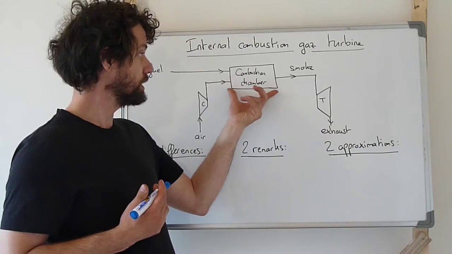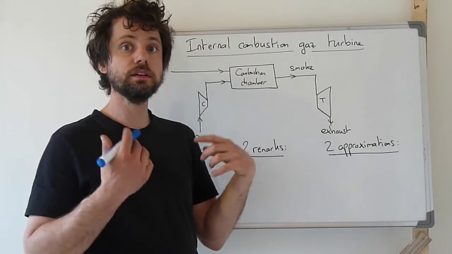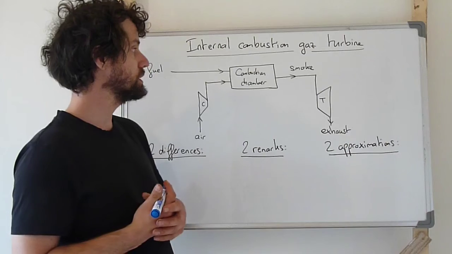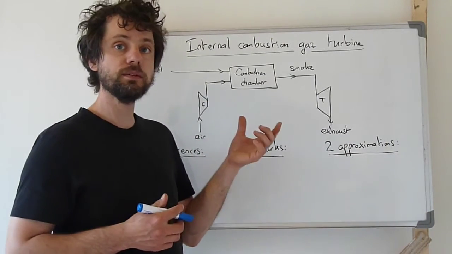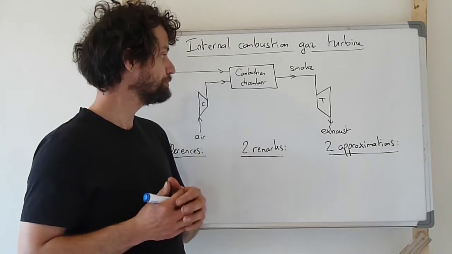So the smoke, that's the name for the product of this combustion reaction. And in the combustion chamber, as for a heat exchanger, we can consider, at least at first approximation, that it's an isobaric transformation.